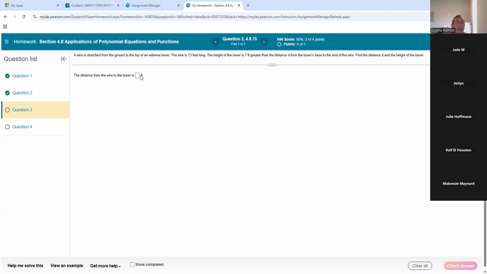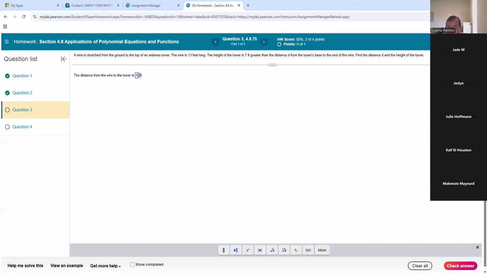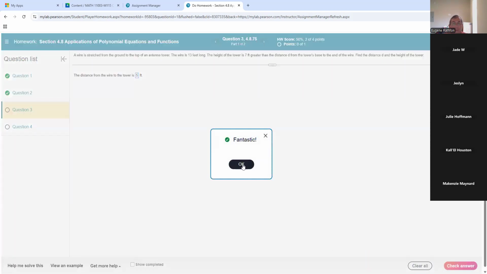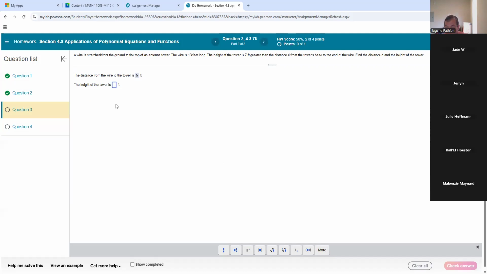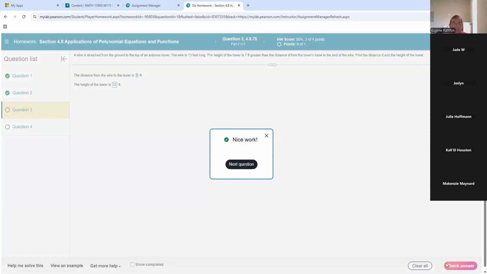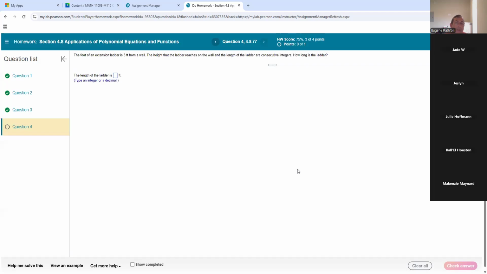So the distance from the wire to the tower, that would be our 5. And you would check that answer. And then the height of my tower was the 5 plus 7, which gave us, whoops, that should be 12. And then check your answer. Okay, so that's the trick on that one.